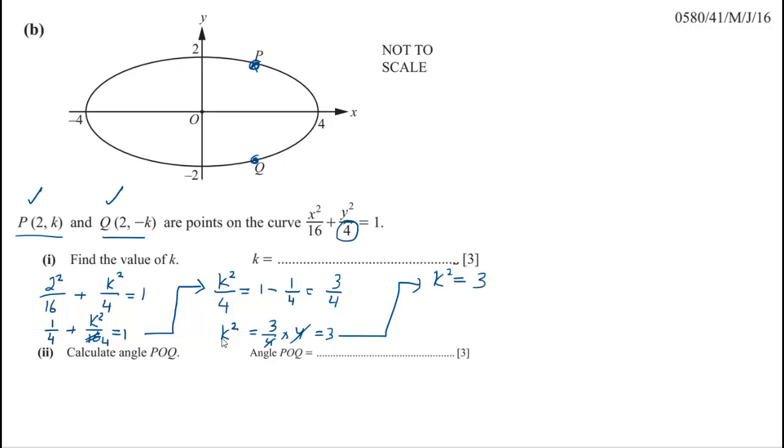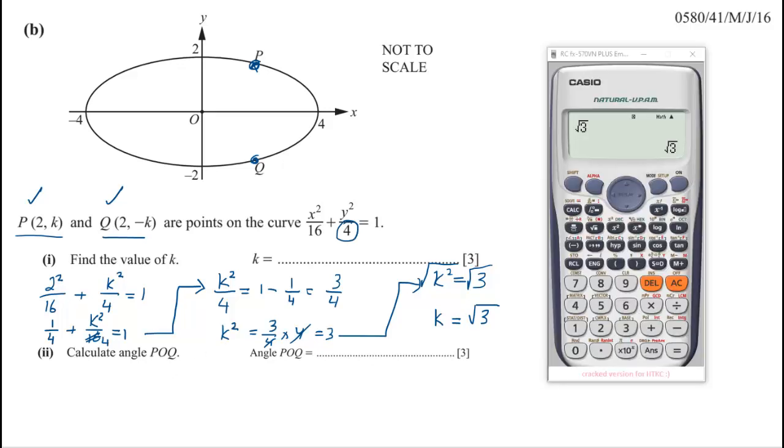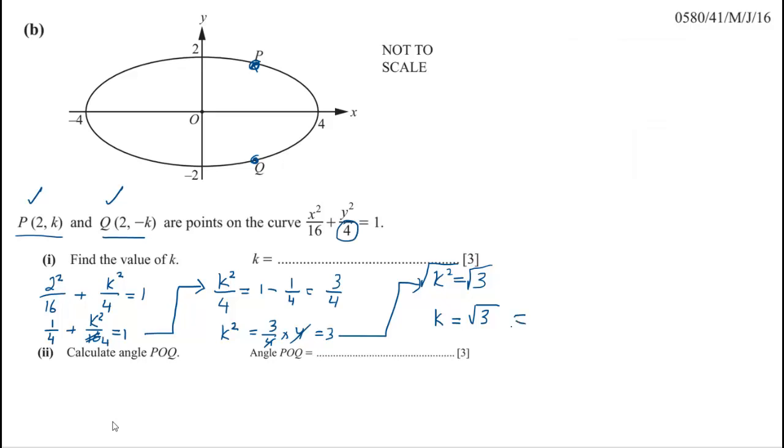So take the square root on both sides. So k will be under root 3. Or you can take the decimal value from the calculator, so it is 1.732.